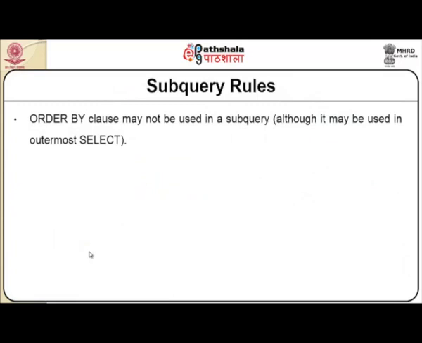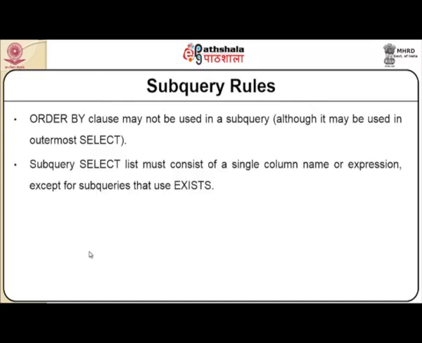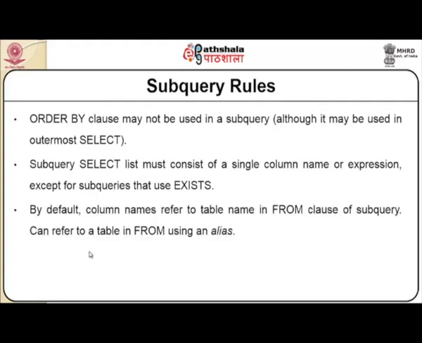Some of the rules that we may have to consider while writing your subquery are: the order by clause may not be used in a subquery, although it may be used in the outermost select. The subquery select list must contain a single column name or expression, except for subqueries that use exists.